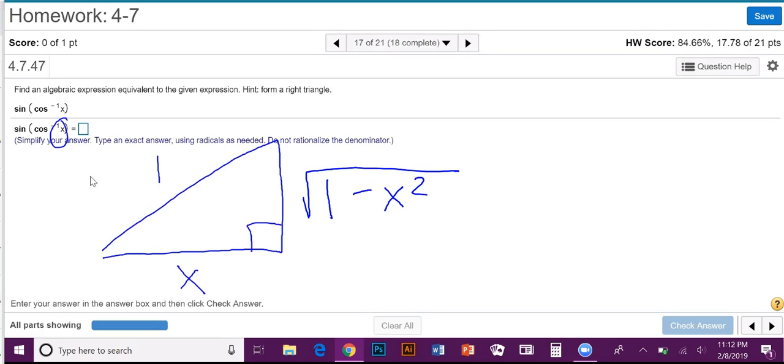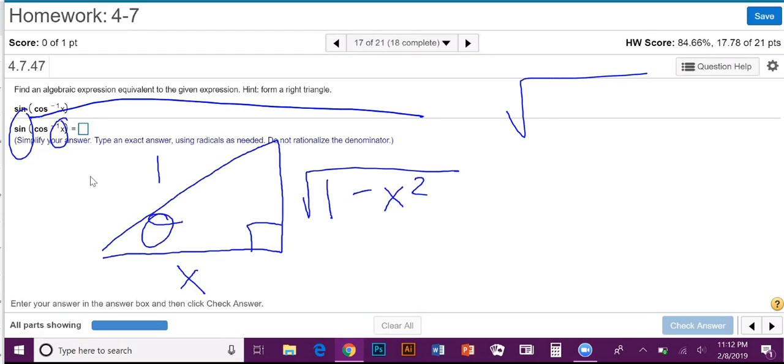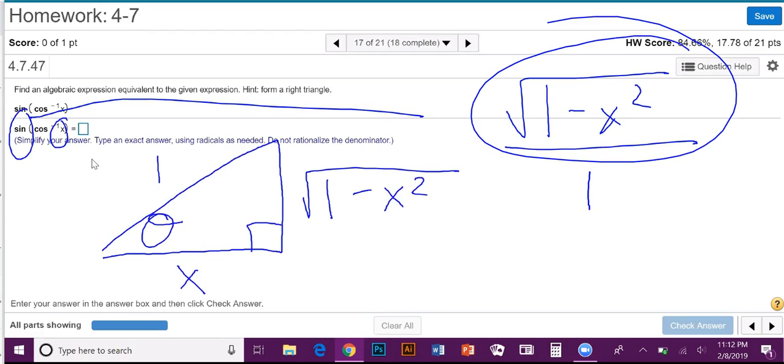That's the Pythagorean theorem. Just working my way backwards to find the other leg. And now, if you want the sine, which is what's on the outside, that's the opposite over the hypotenuse, which we know is just that answer right there.